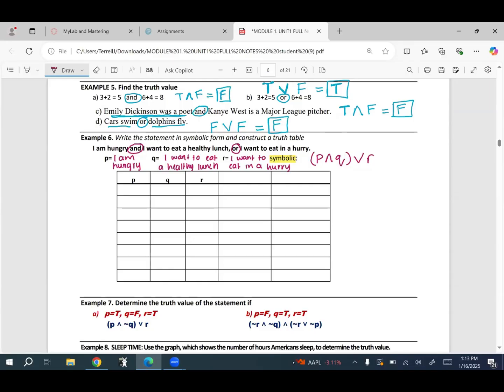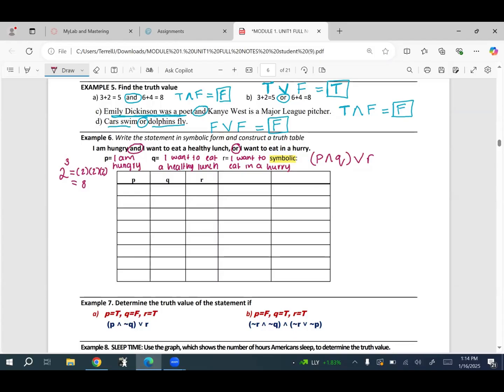I said you always have a 2, and that 2 represents there's only 2 truth values, true or false. And then you raise it to how many propositions you have. In this case, I have 3 propositions, P, Q, and R. So I would be doing 2 to the 3rd power. And what is 2 to the 3rd power? Good. I'm just going to write that here, 2 times 2 times 2, which is 8, correct. And so if you see here, that's why I have 8 rows below.